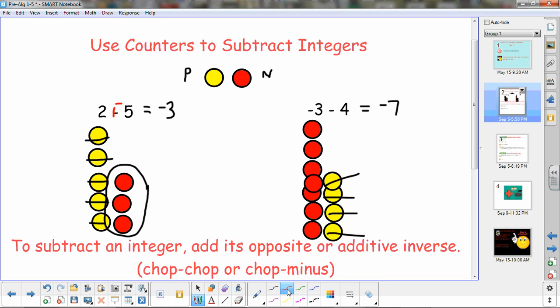In the second example, if I change it to adding the opposite, I have negative 3 plus negative 4, which they're both the same sign, so you're going to go ahead and add the two numbers and keep the sign.